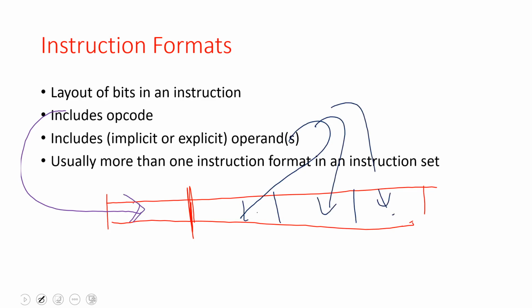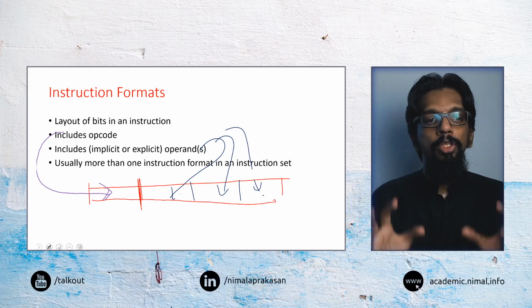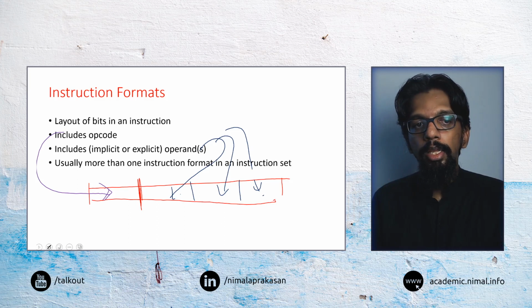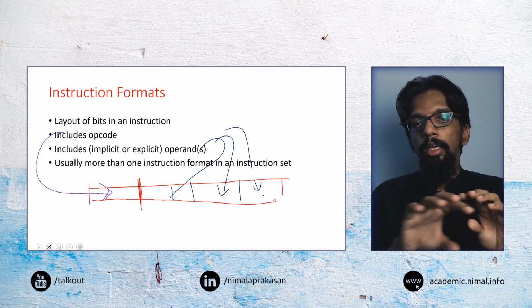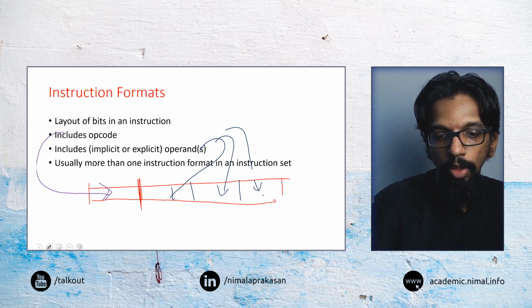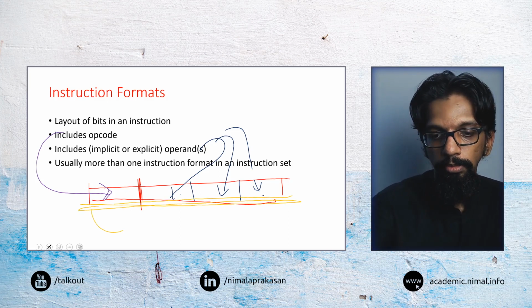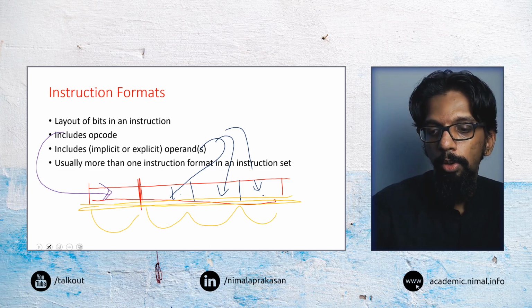So if we have a number of operands, we may have to give certain places in that instruction to those as well. So what we will end up with is a length of instruction that is now being used for a number of purposes.